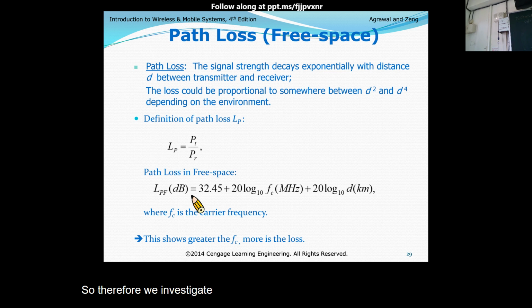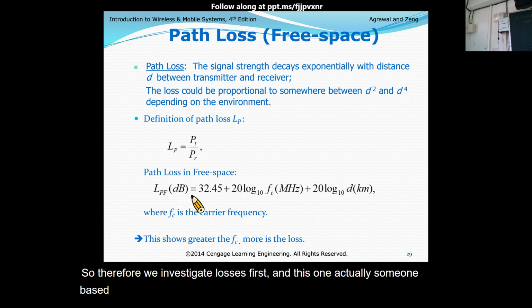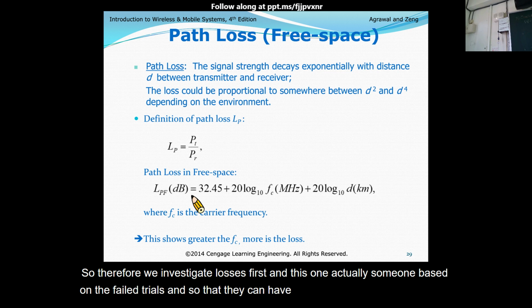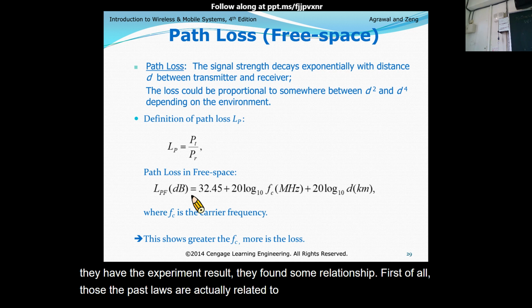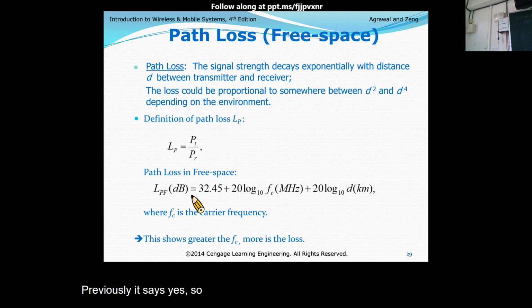And this one actually, someone based on field trials saw that they can have some experiment results. Once they had the experiment results, they found some relationships. First of all, the path loss is related to distance, so we know the term caused by distance d.